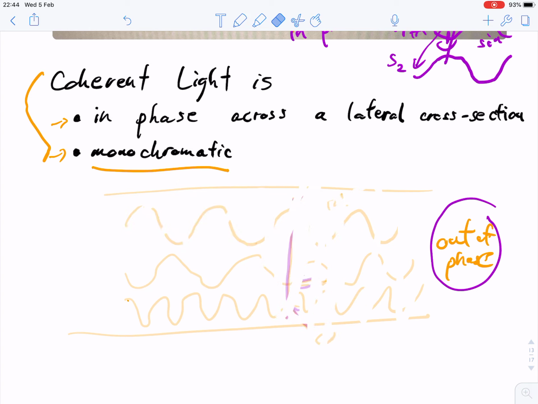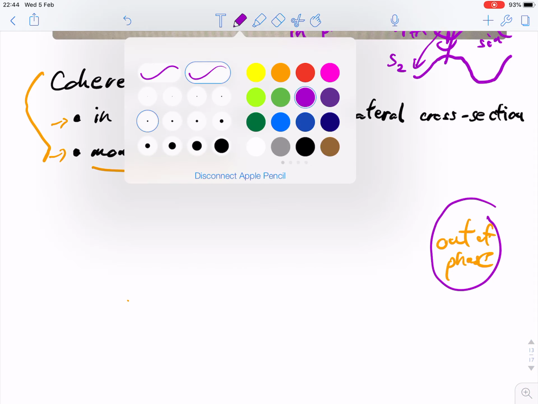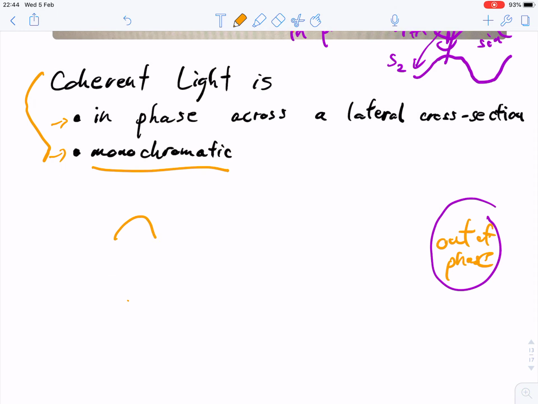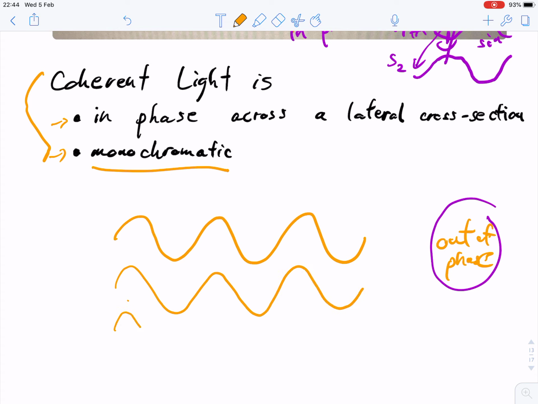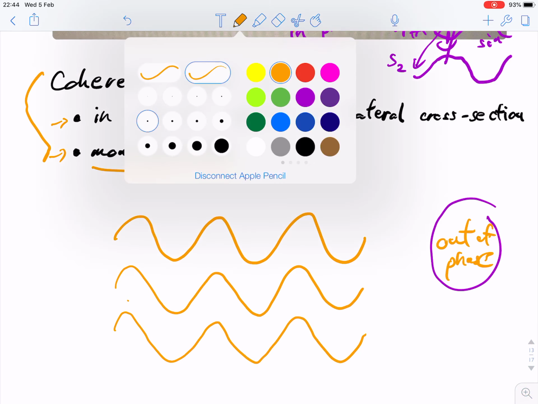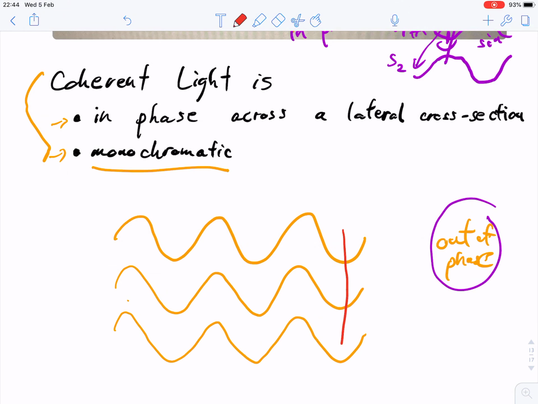If we look at something that is in phase with each other, it is exactly in phase like this, such that if we take a cross section, let's say that, then all of these are the negative maxima, all of that is the positive maxima, and everything through there is at equilibrium position.